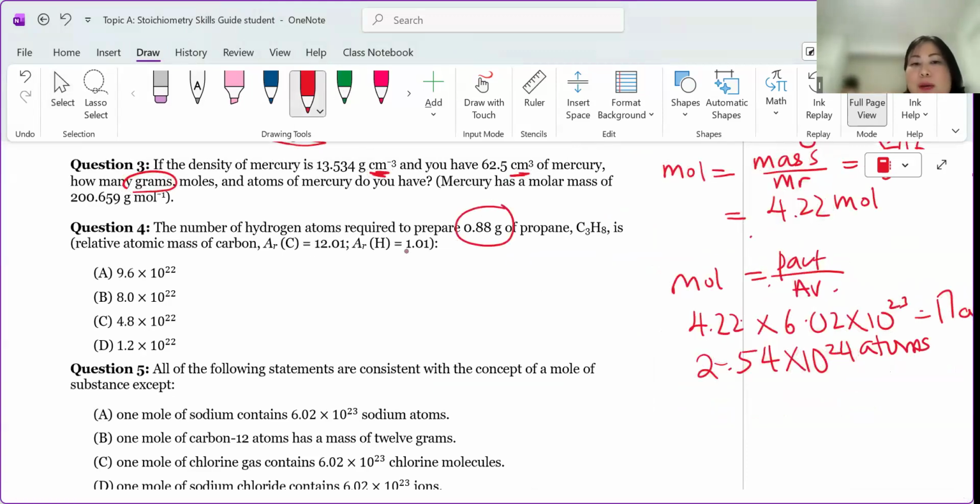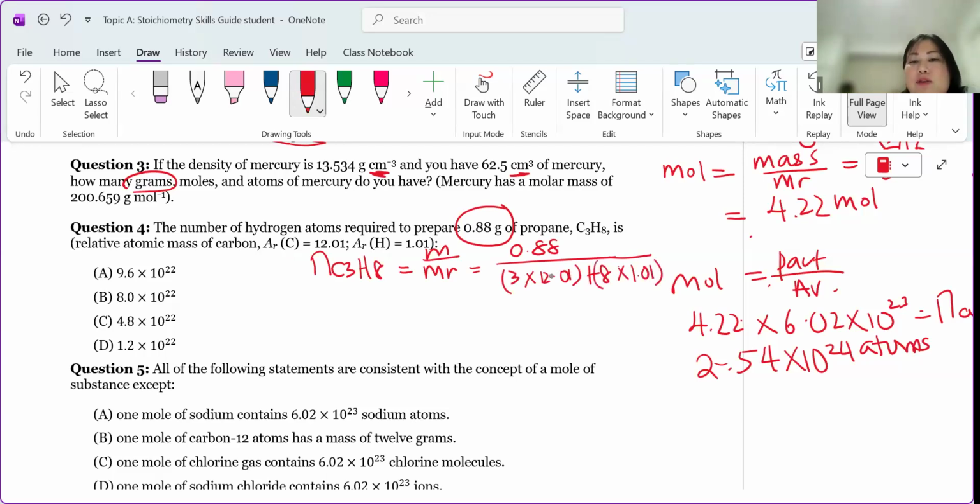So we are not given the Mr, but you are given the atomic mass. Find the Mr and then find the moles. So for this question, we will need to find the moles of C3H8, which is mass over Mr. So mass will be 0.88 over Mr, which will be 3 times 12.01 plus 8 times 1.01.